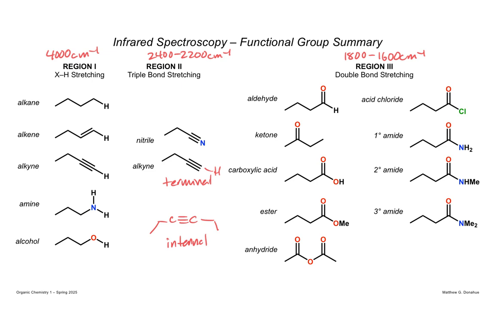So if you're looking at a spectrum and you see nothing significant between 1,800 and 1,600, you can confidently say there is no carbonyl group in that molecule. If you do see a signal there, then you got to look, well, how many is there? Like 9 functional groups. Which one of those 9 can it be? And that's when you have to start making these connections to other pieces of data.